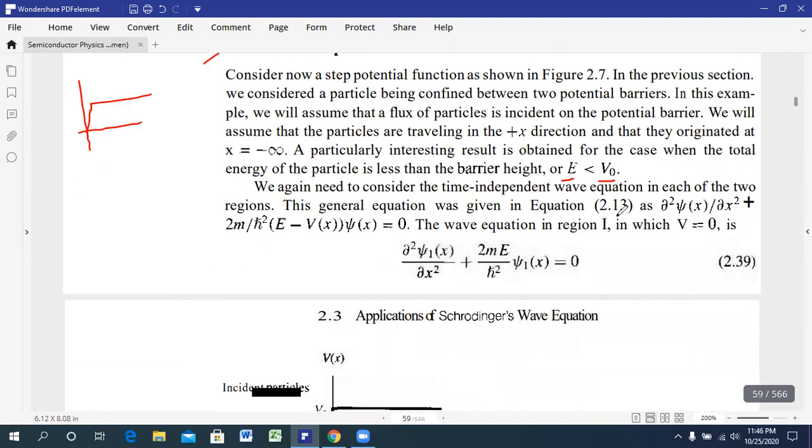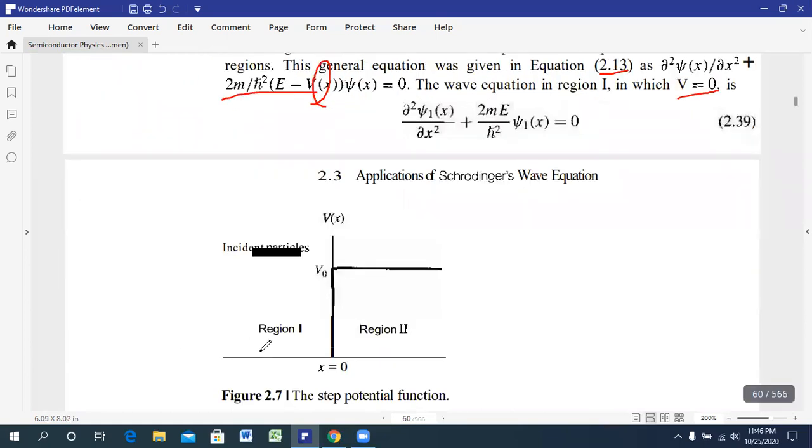Now we know that equation number 2.13 is very important. That one is the time independent Schrodinger equation. So if we consider that V of x equals 0, that means before the position x equals 0, we have two regions, region 1 and region 2.